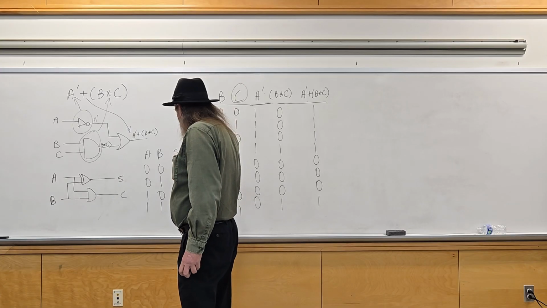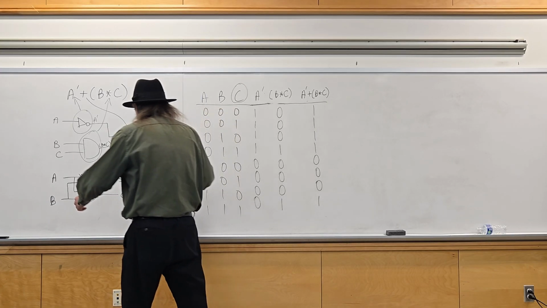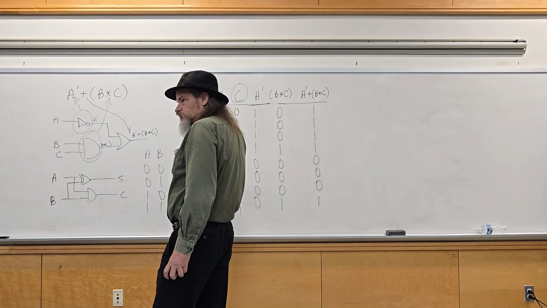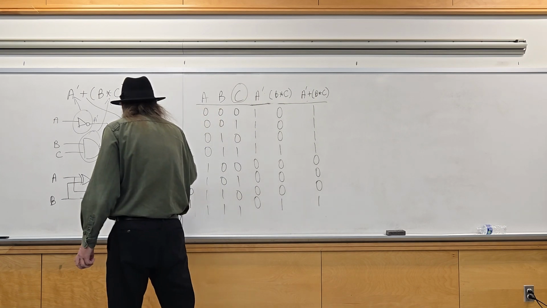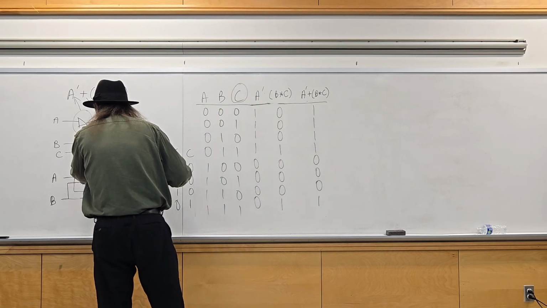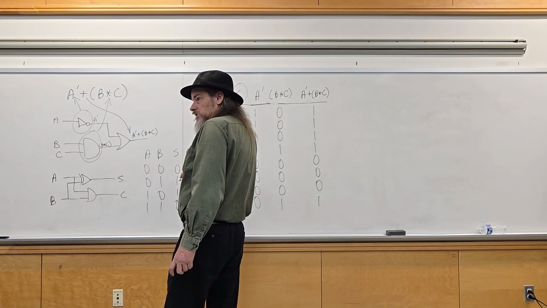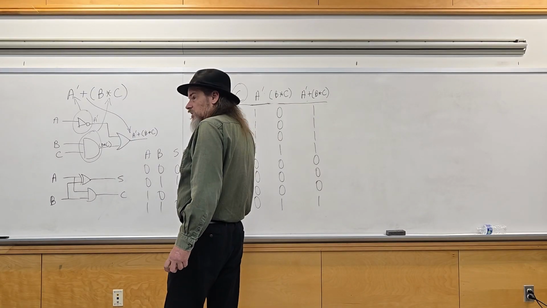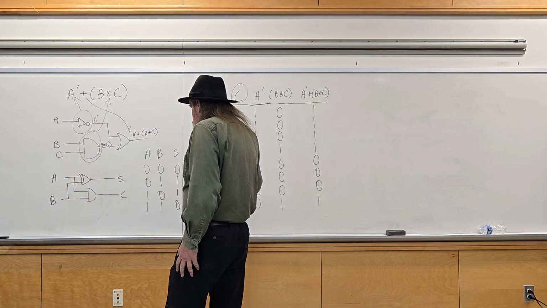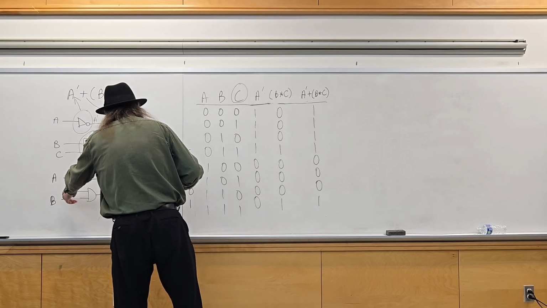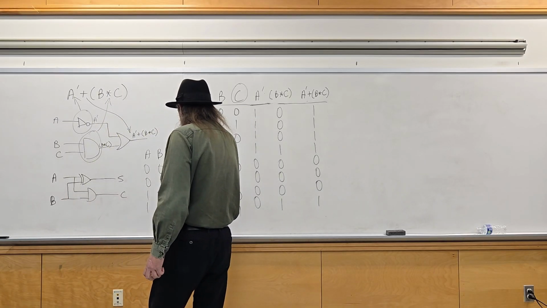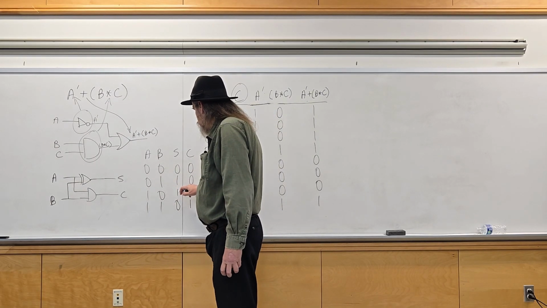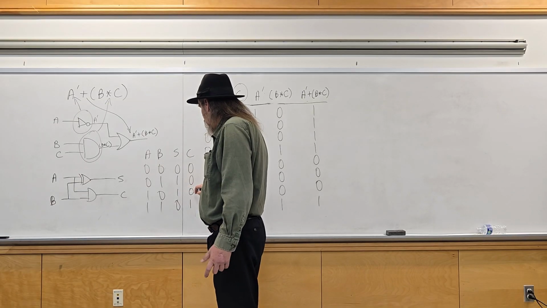So your sum is going to be, if A and B are 0, your sum is going to be 0, and your carry is going to be 0. If A and B are 0 and 1, your sum is going to be 1, because 0 plus 1 is 1. No carry, because it's less than 2. And then likewise, if A and B are 1 and 0, sum is again 1, carry is 0.